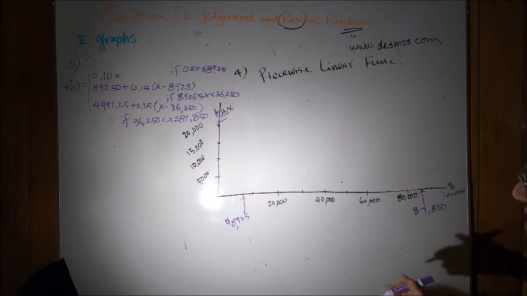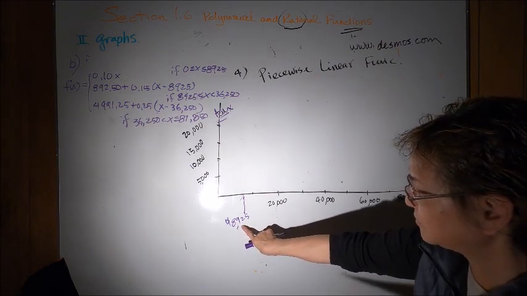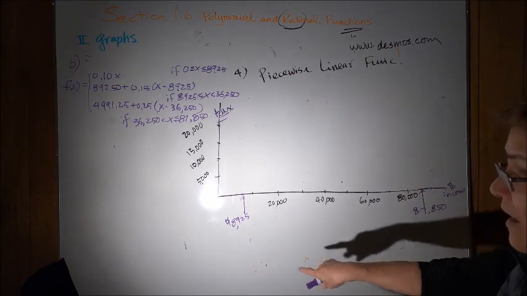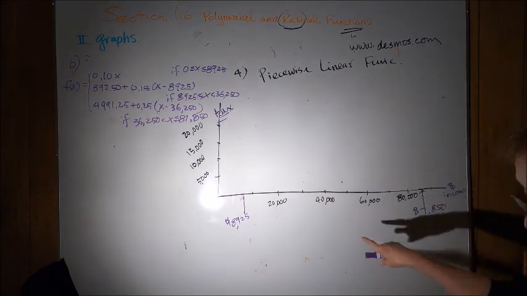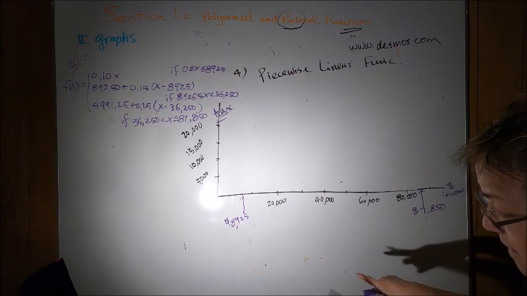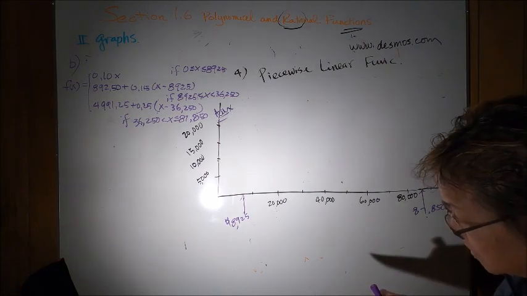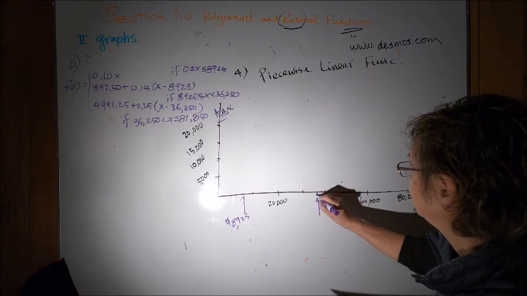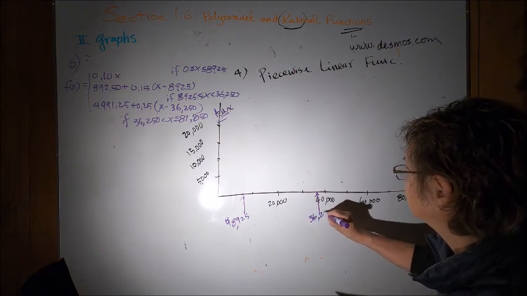So 10% if you make up to $8,925. Then after that, you pay 15% on any amount over that, up to $36,250.